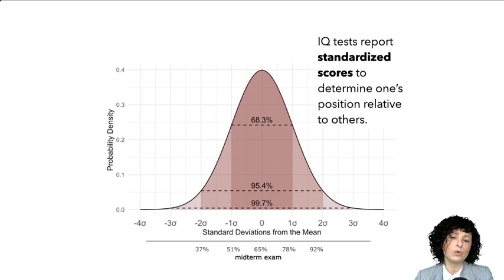So instead of scoring 78% on the midterm, that would be translated into about a 0.95 on this scale. That tells you that the person scored about 0.95 standard deviations above the mean. So it gives you a really quick and easy way to compare people.